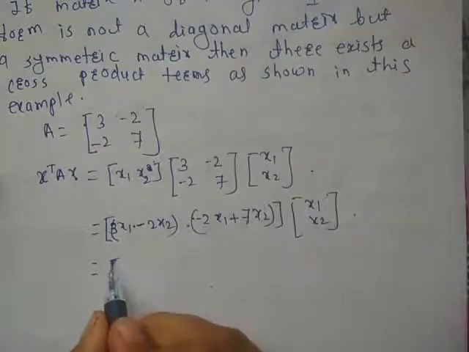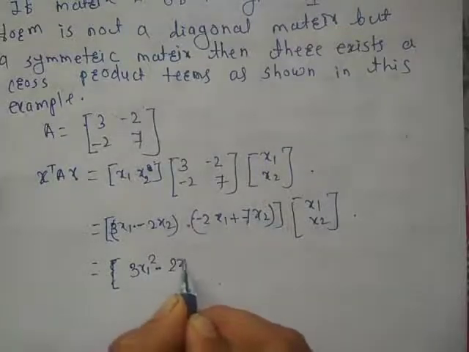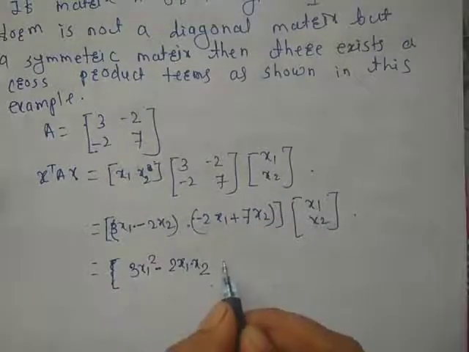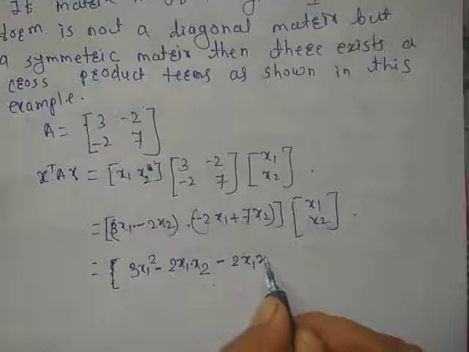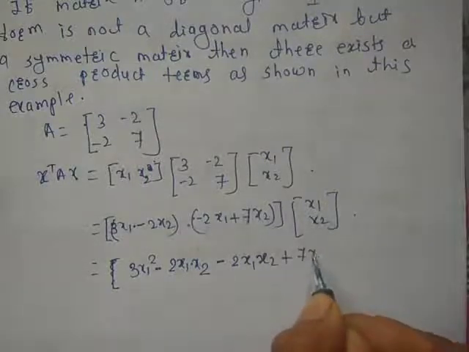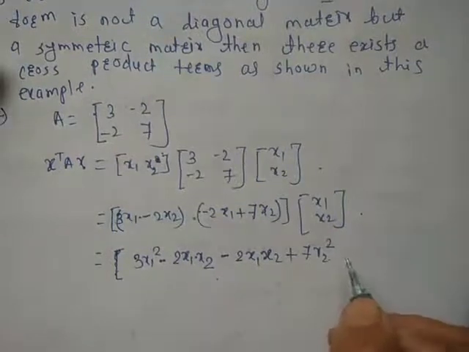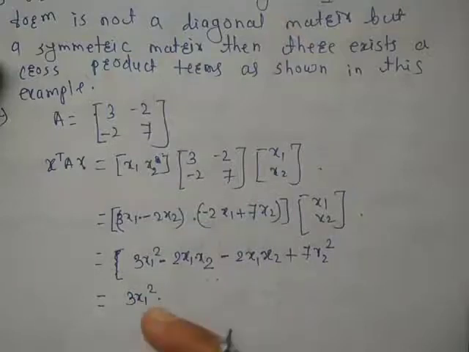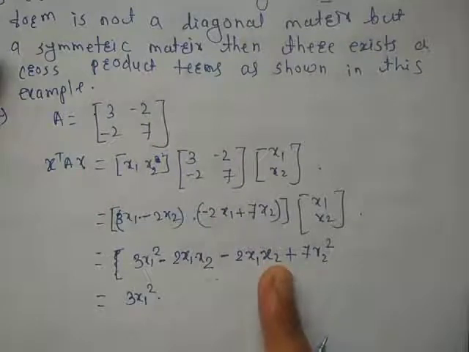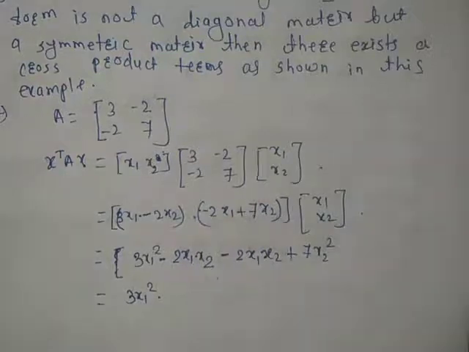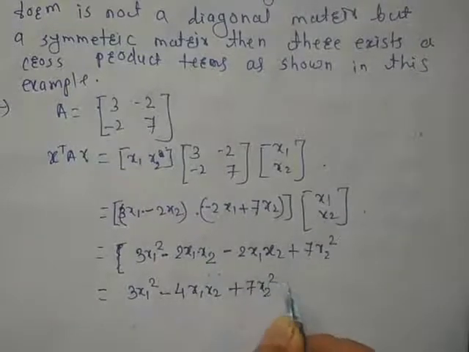So this is 3x1 squared minus 2x1 x2 minus 2x1 x2 plus 7x2 squared, which is 3x1 squared minus 4x1 x2 plus 7x2 squared.